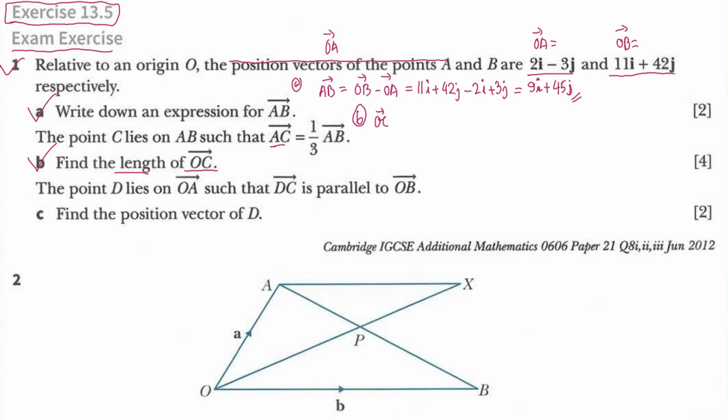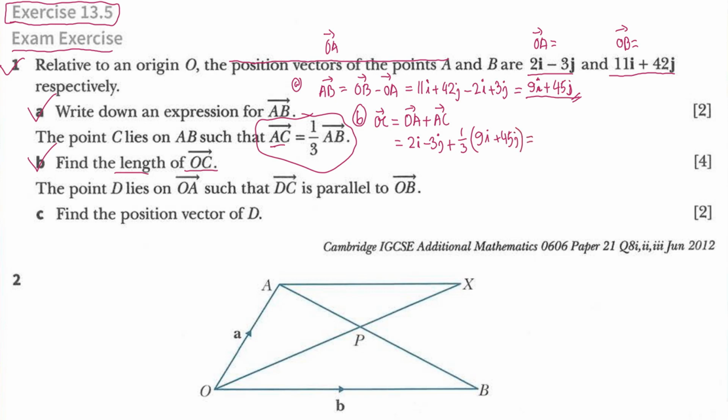To get OC we can go from O to A, then from A to C. OA is given as 2i minus 3j, and AC equals 1/3 of AB, where AB is 9i plus 45j.